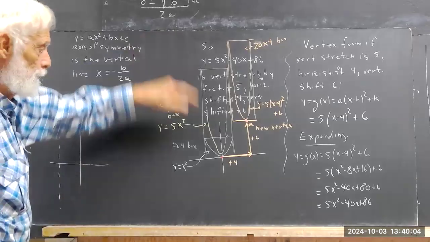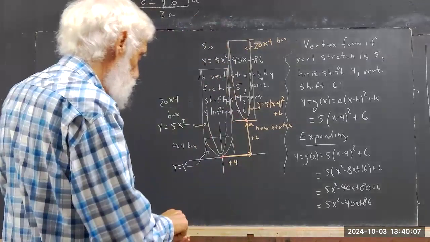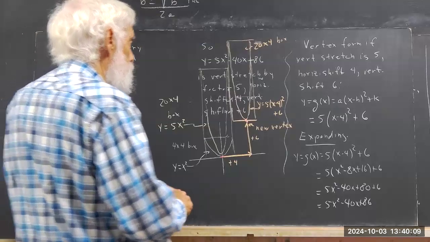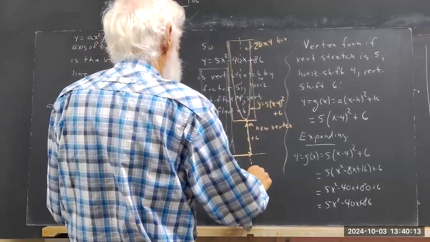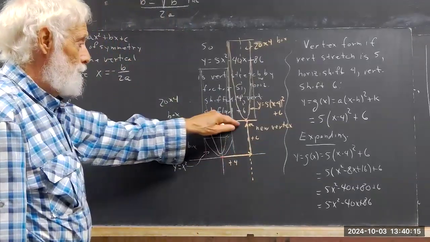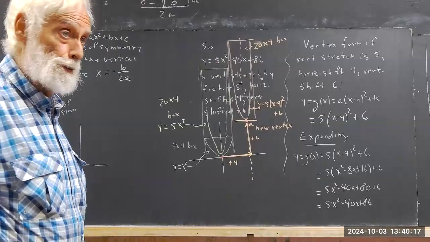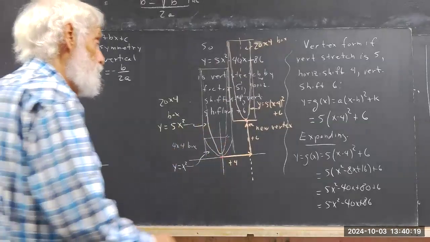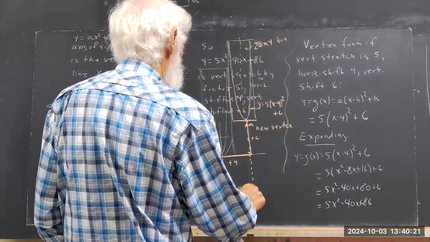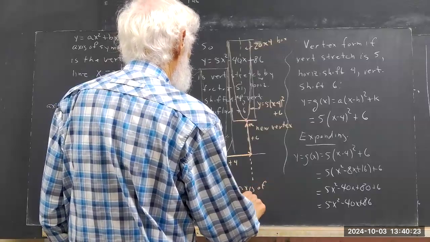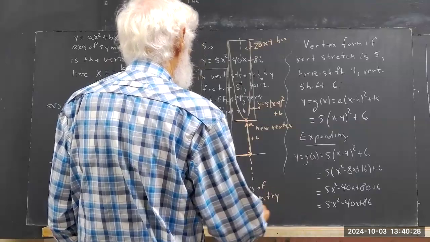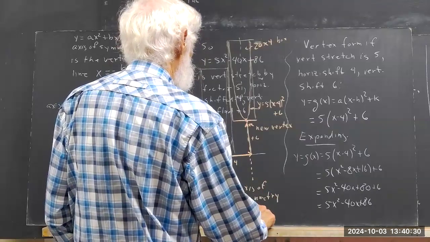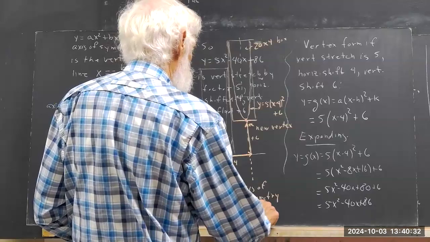Now that's not this function. The axis of symmetry for this function is the first line you make when you start dividing the box with vertical lines, the one in the center of the box. The axis of symmetry is x equals 4.